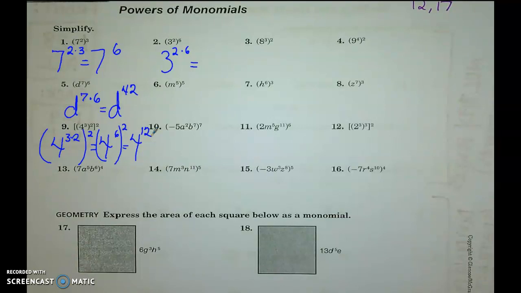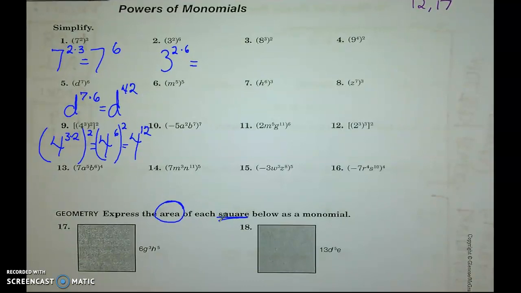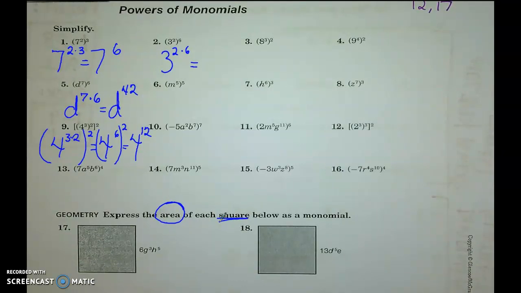Number 17. Okay, on number 17, we need to express the area of each square below as a monomial. Okay, so monomial is just a fancy word that means just talking about the term. So right here we know how long this side is. Remember that area of a square equals s times s, or area equals s squared.